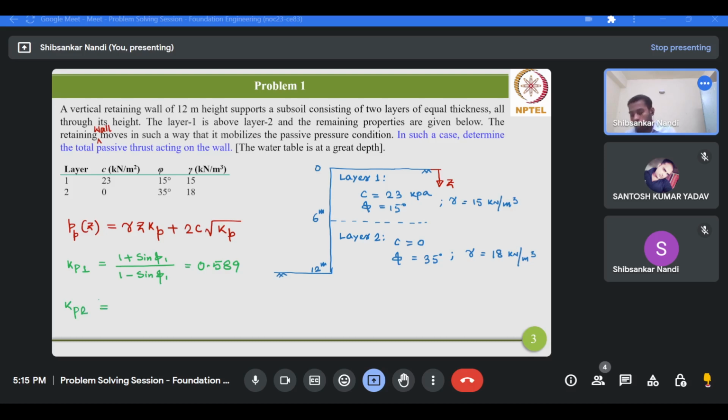Similarly, Kp2, the passive earth pressure coefficient for layer 2. So 1 minus sin 35 divided by 1 plus sin 35, divided by 1 minus sin 35, that means 3.69.